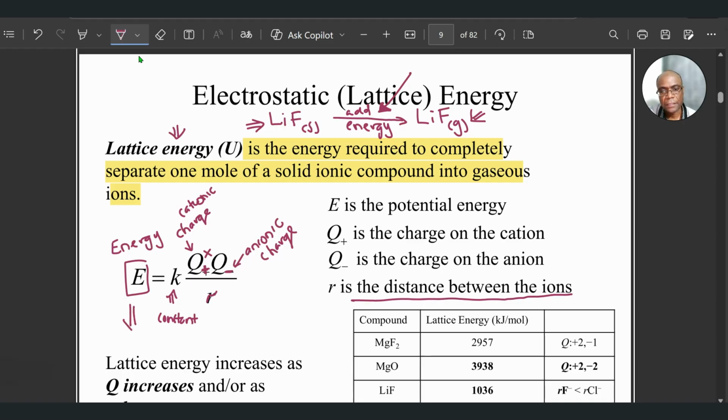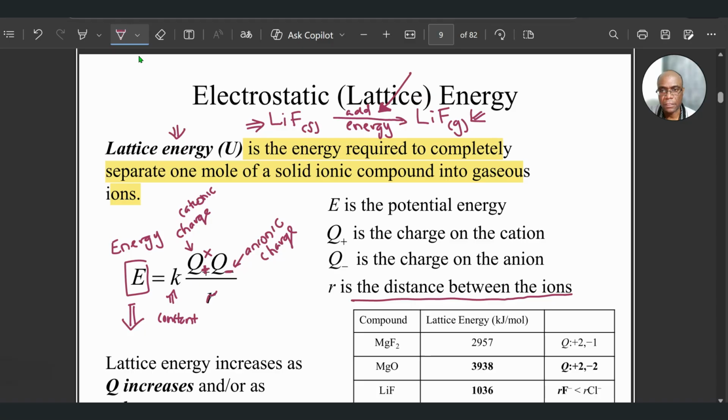The lattice energy E is the electrostatic force of attraction that puts the two ions together in an ionic compound. The cations and anions are held together by electrostatic forces, which must be overcome if you have to break an ionic compound in solid state and convert it to gaseous state.